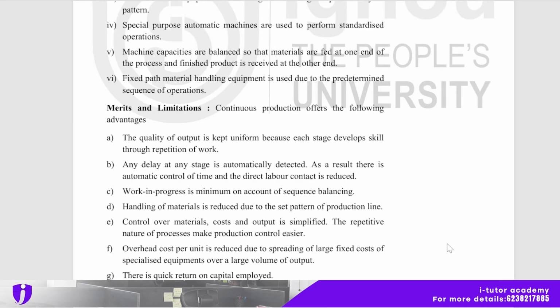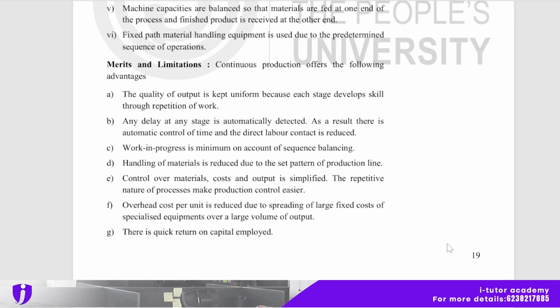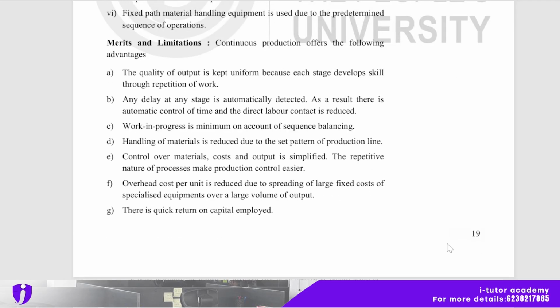And special purpose automatic machines are used to perform standardized operations. Machine capacities are balanced so that material is fed at one end of the process and finished product is received at the other end. Fixed path material handling equipment is used due to the predetermined sequence of operations.